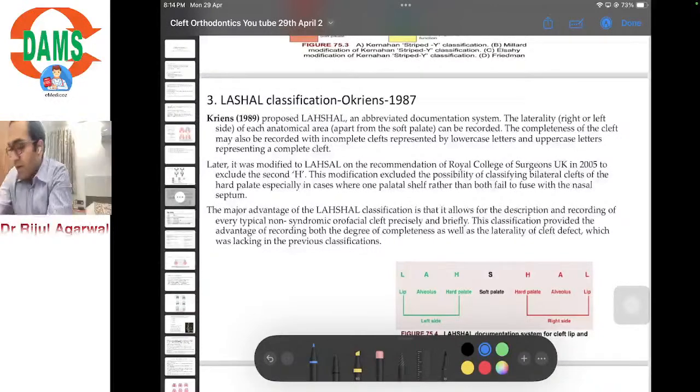The left and right sides also help in indicating the laterality of the cleft defect, whether it is bilateral or unilateral.